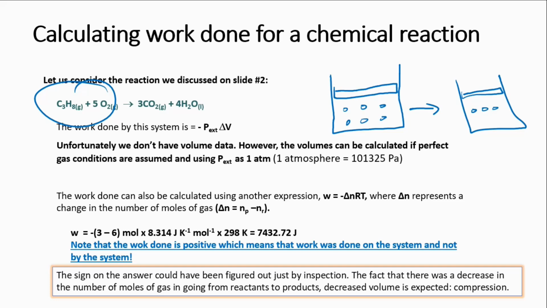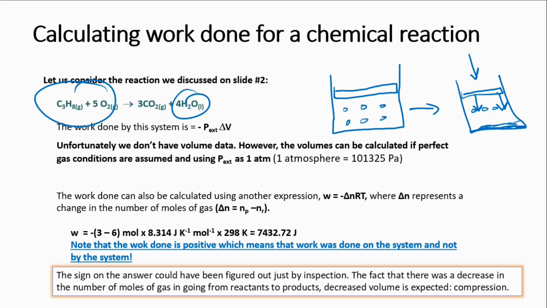You will have some liquid, but the volume of a liquid is very small compared to the volume of a gas, so the liquid will not affect the volume. Which direction do you think the piston will move in? Of course, the piston will move down because you have a smaller amount of gas molecules now. So this is compression.